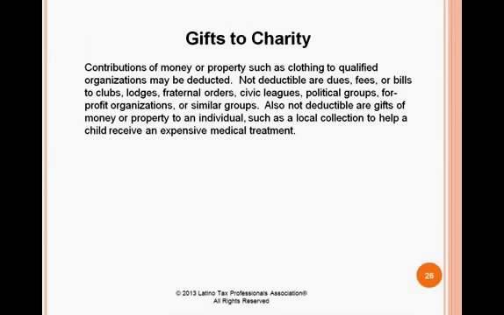Contributions of money or property, such as clothing, to qualified organizations may be deducted. Not deductible are dues, fees, or bills to clubs, lodges, fraternal orders, civic leagues, political groups, for-profit organizations, or similar groups. Also not deductible are gifts of money or property to an individual, such as a local collection to help a child receive an expensive medical treatment.